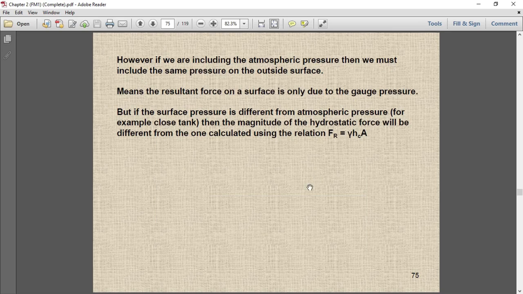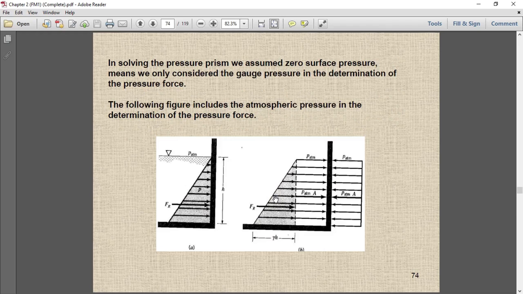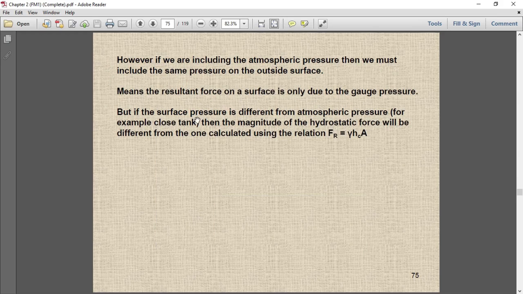But if the surface is not a free surface, if it is a closed container, and the surface is pressurized in a form different from atmospheric pressure, for example a closed tank, then the magnitude of the hydrostatic force will be different from the one calculated using this equation.